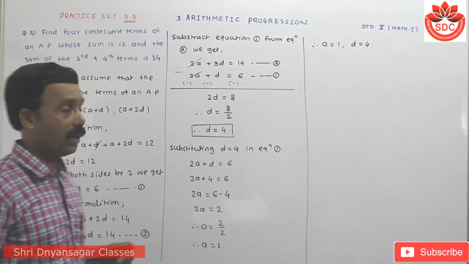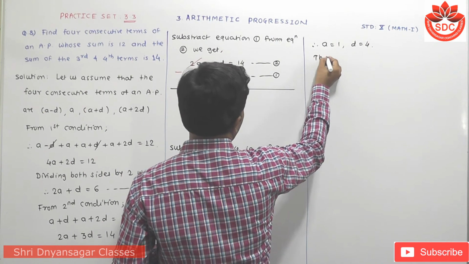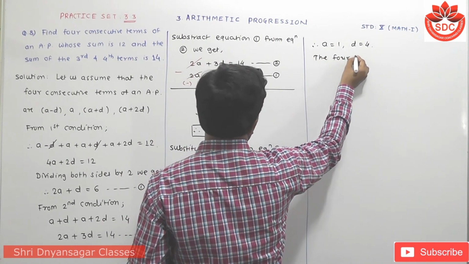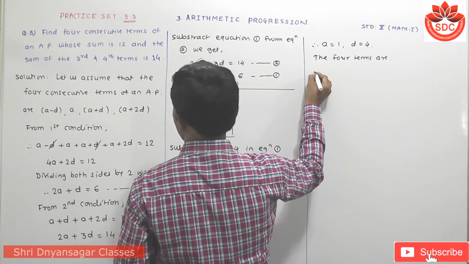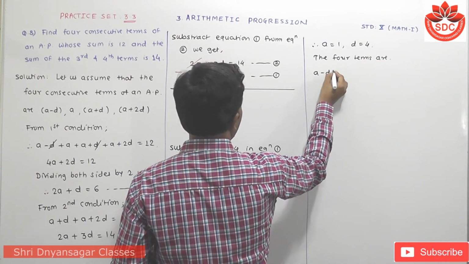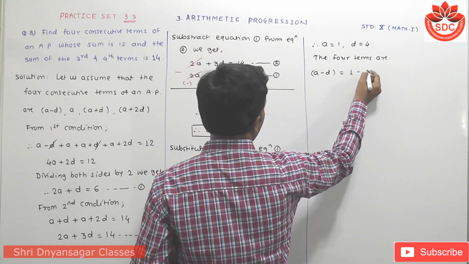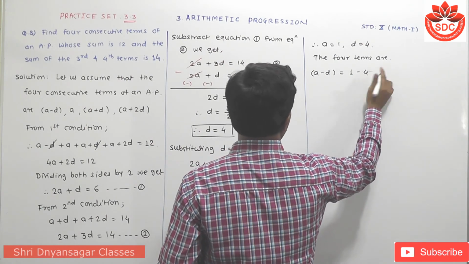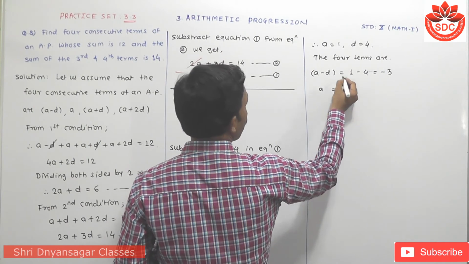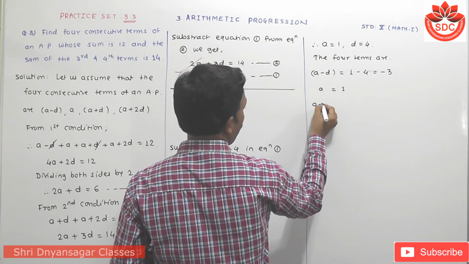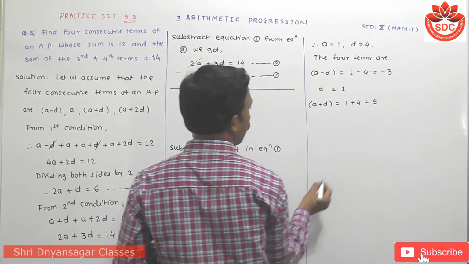Then we have to find out these 4 terms. Therefore the 4 terms are: first term is A minus D, which is 1 minus 4, so this value becomes minus 3. Then A is equal to 1. Then A plus D is 1 plus 4, which becomes 5.